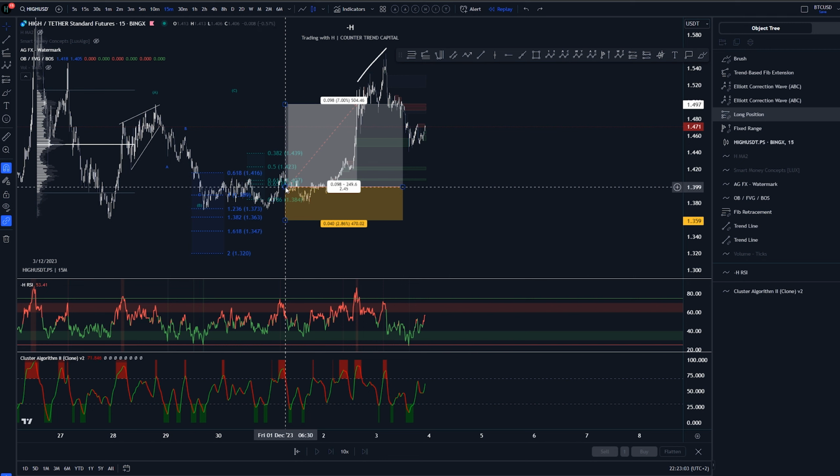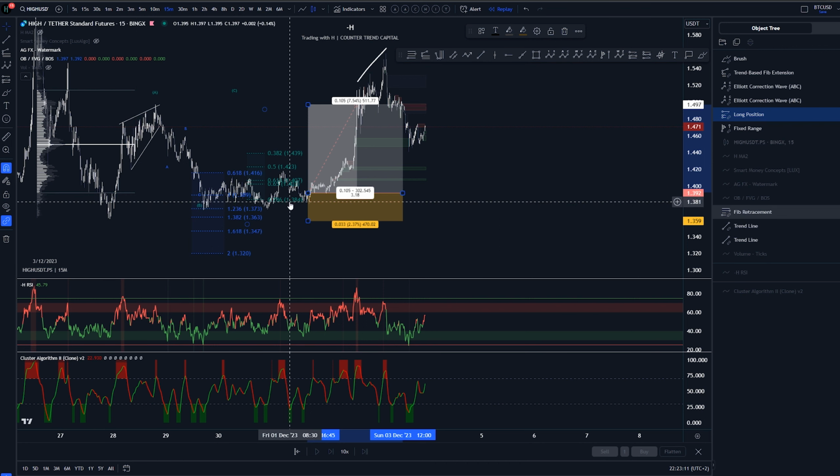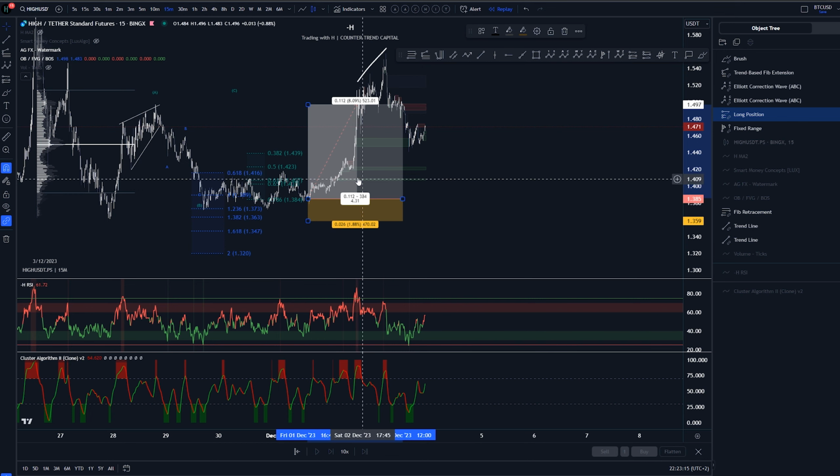If you were more patient and you were looking for that 1-to-1 here, the previous range value area low, the 786 a bit lower, all of these would have been tagged, and you would be looking at a way greater risk to reward ratio.